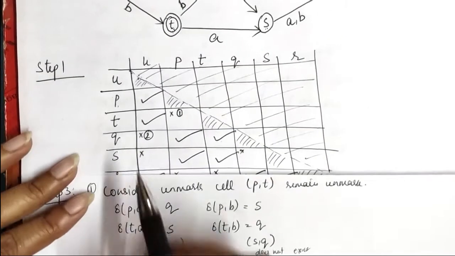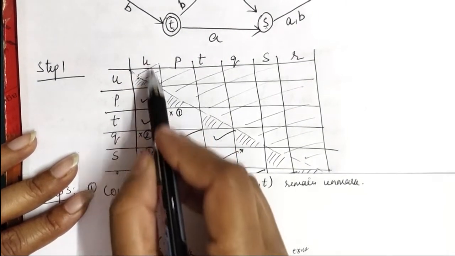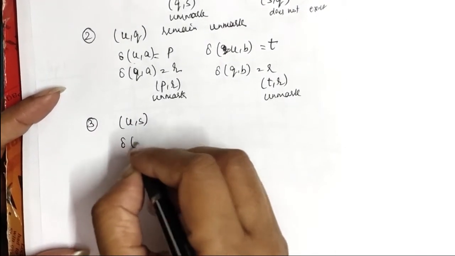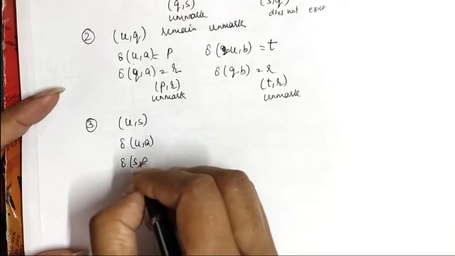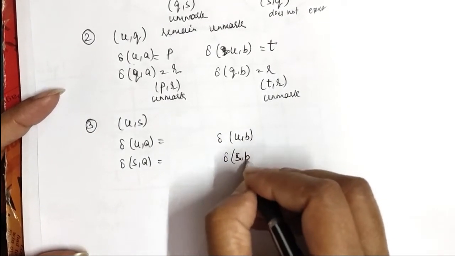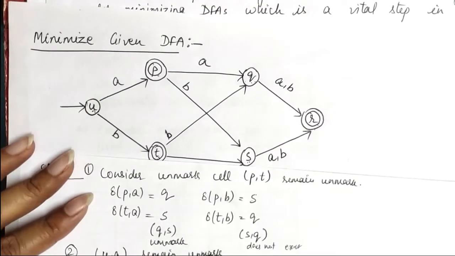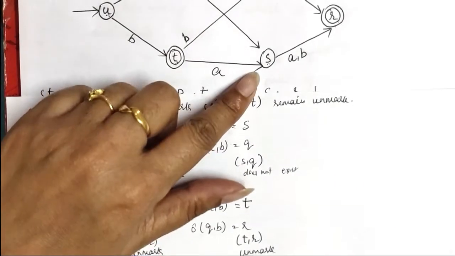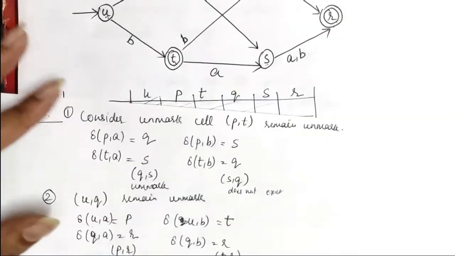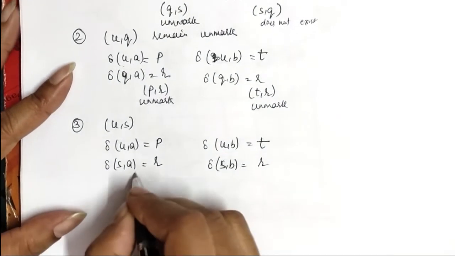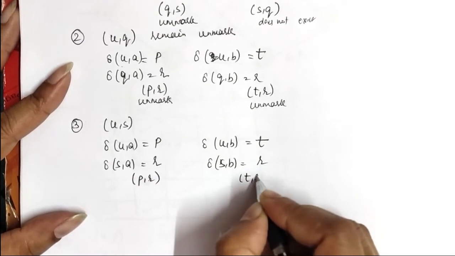Okay. Now we consider the next cell and name it as 3, and this cell is U comma S. To calculate U comma S, we find the transition of U comma A, S comma A, similarly U comma B and S comma B. For the given question, U with small a is P, and S with small a gives R. U with small b gives T, and S with small b gives R. So the pair becomes P comma R and T comma R. Now check the resulting pairs in the table.